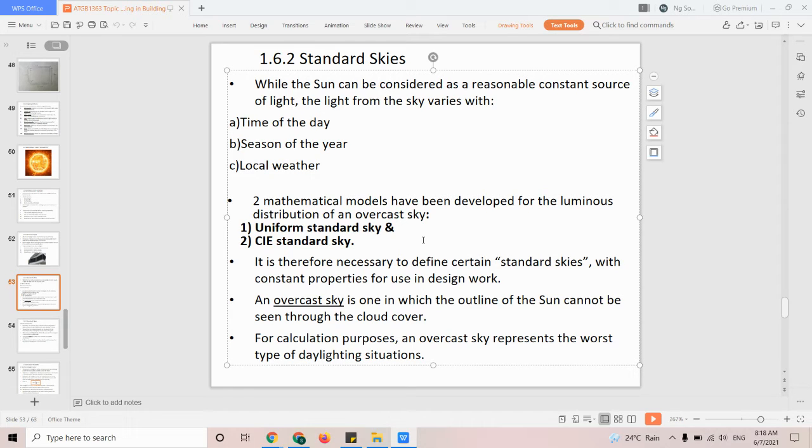So when we talk about standard sky, meaning it's just a constant, just a normal sky. We set a value towards it. And when it's a overcast sky, meaning our outline of the sun cannot be seen through the cloud. So these are just two type of mathematical model when it comes to our sun. Just an idea behind it so that you guys know about it.